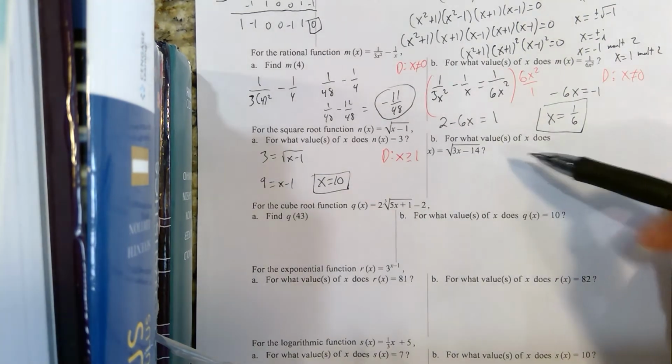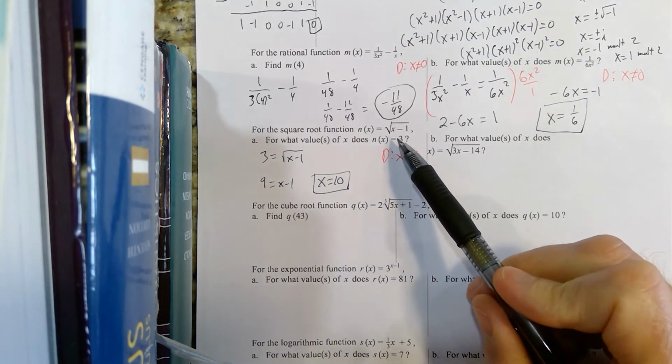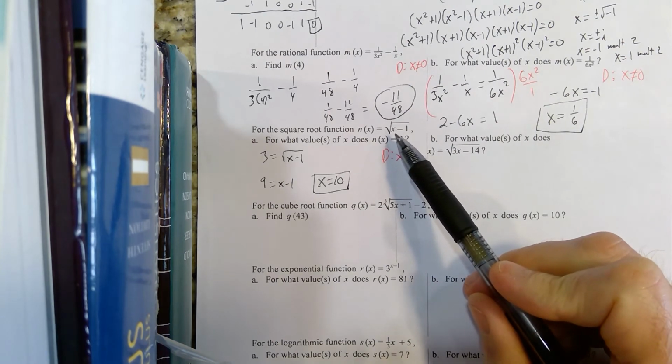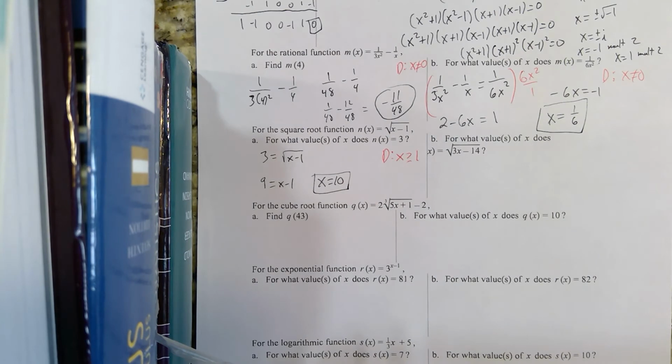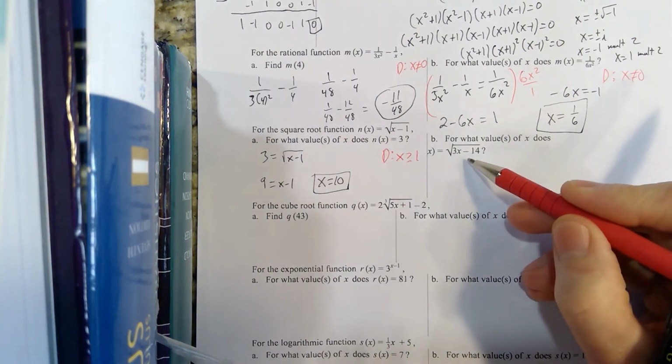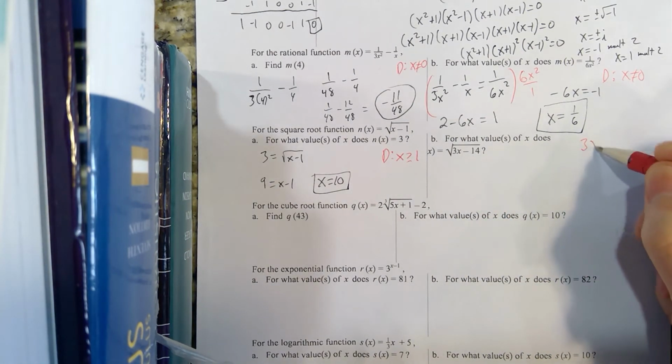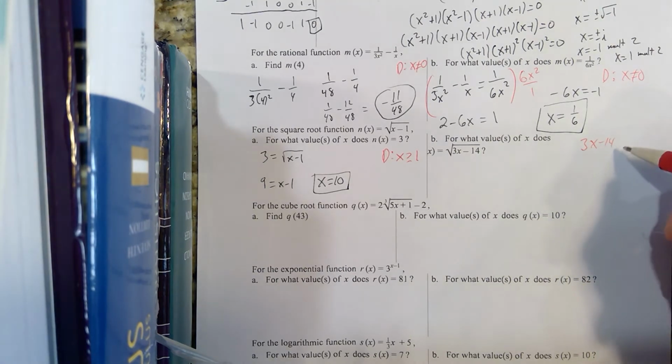Okay, moving on. Now we're going to take and set this equation or expression equal to this expression. We have a new domain restriction on this guy, right? 3x minus 14 has to be greater than or equal to 0.